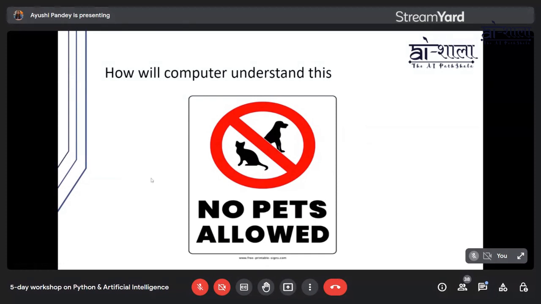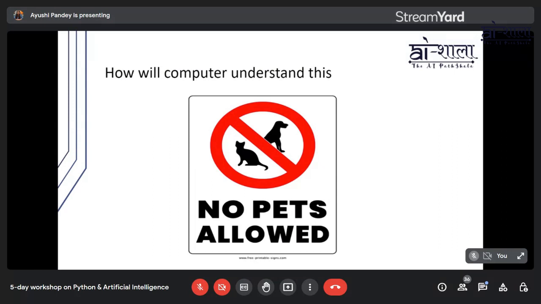Instead, there can be a system or computer robots to detect whether animals, such as a dog or a cat, are coming into that area. A person standing there has learned that this is a cat, this is a dog, it's not allowed. But how will the system understand that? This is a classification problem.